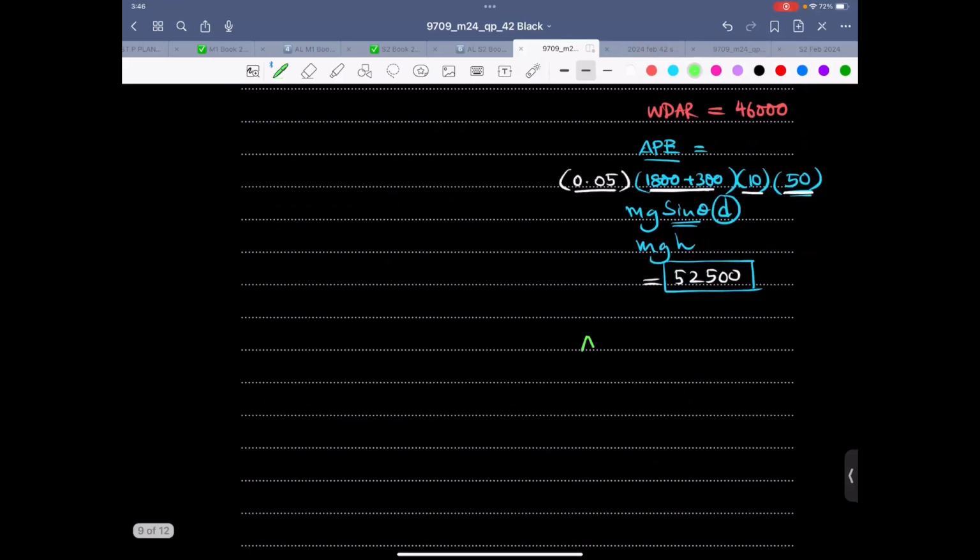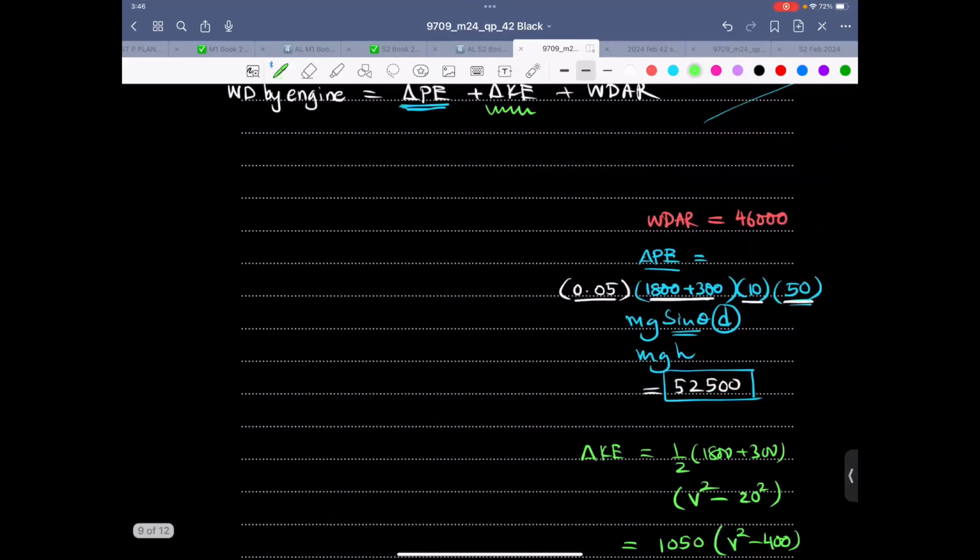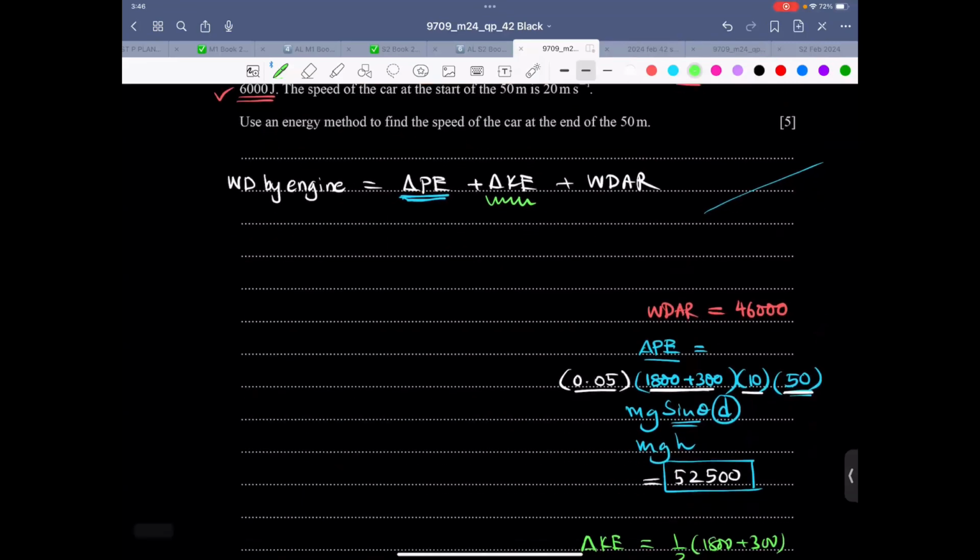So we will say change in kinetic energy, that is half into 1800 plus 300 multiplying with v square, the final velocity square minus the initial velocity square. So that is 1050, my bad. And this is v square minus 400. So that is this change in kinetic energy. And work done against resistance was actually this one.